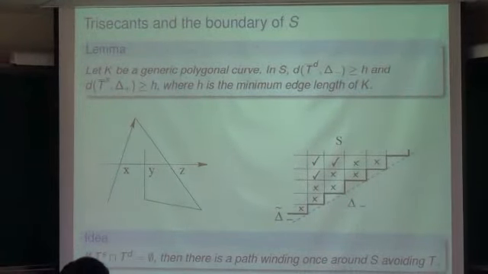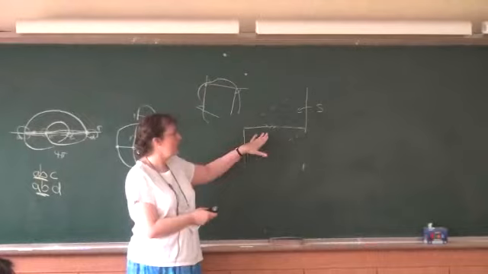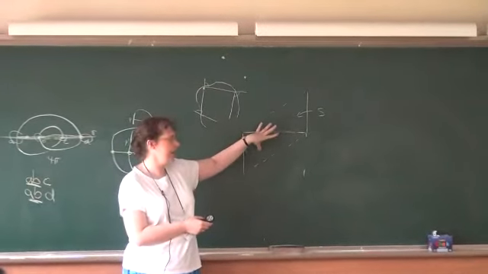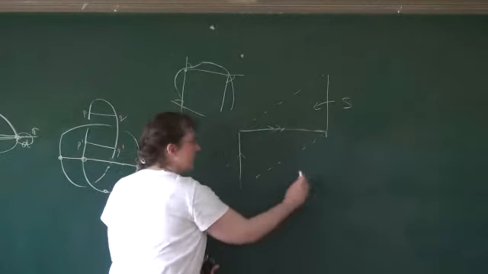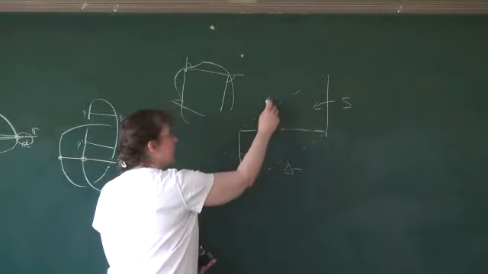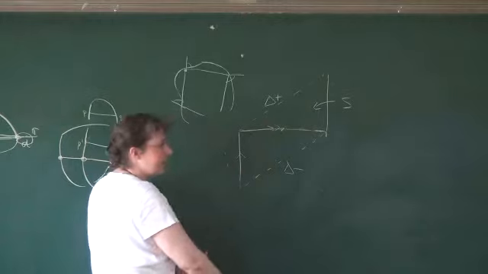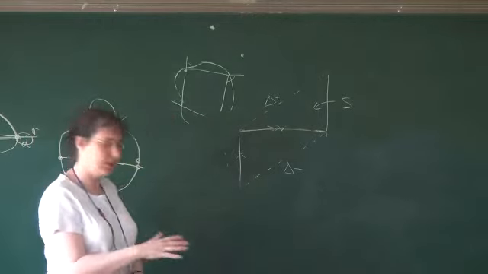So within this set, trisecants sit in here in a particular way. So I'm going to call this the bottom boundary and this the plus boundary just to distinguish.